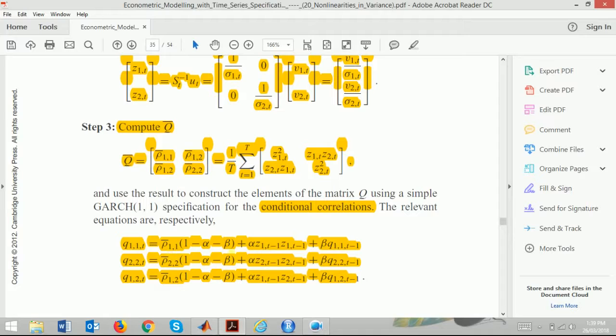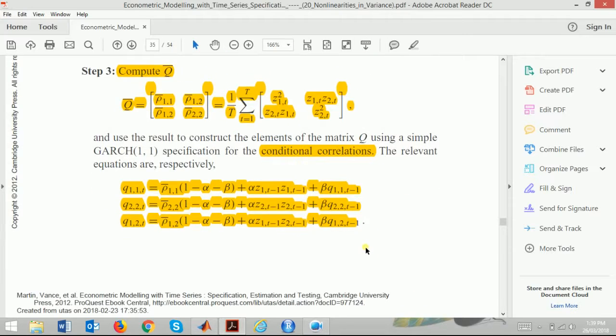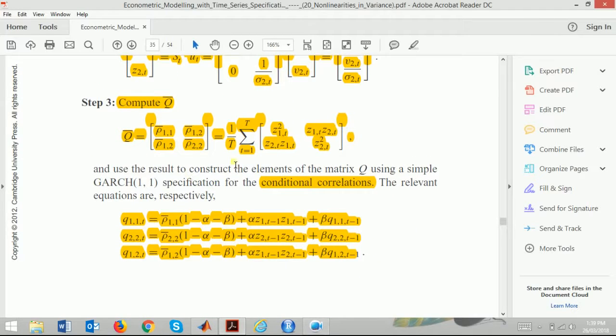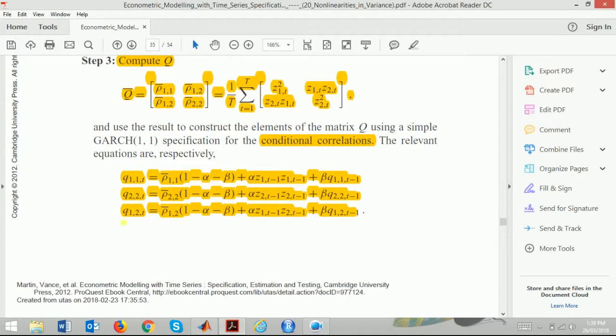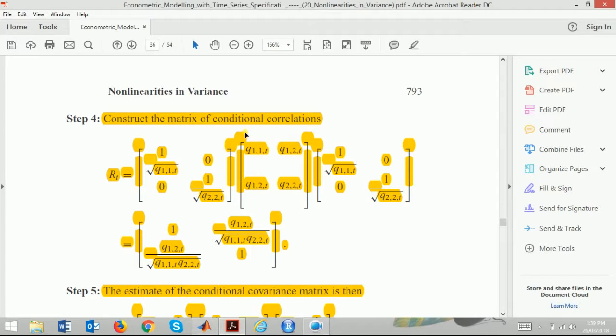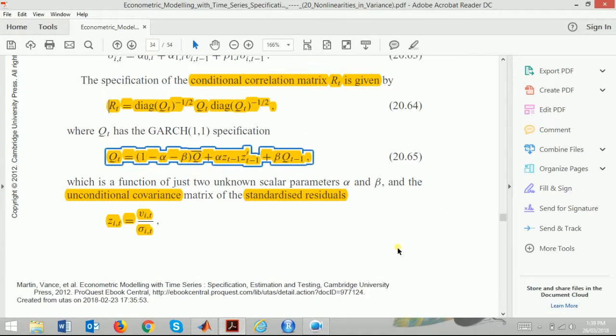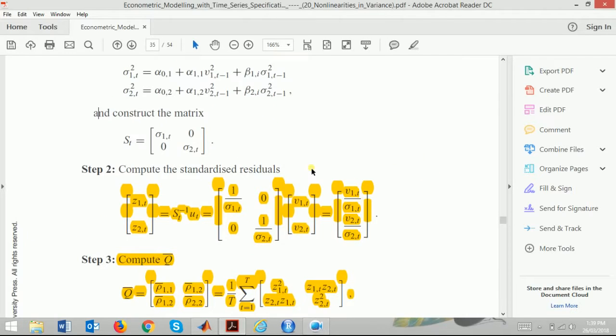Here we use the correlation, we use the lagged z's, and we use the lagged Q. Then step 3 is computing Q. We have the elements of Q, we construct the matrix of conditional correlation R from Q, and this step comes from the diagonal of Q.